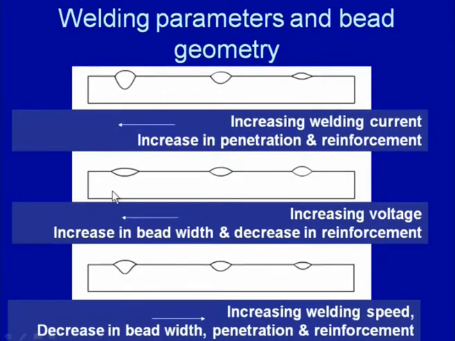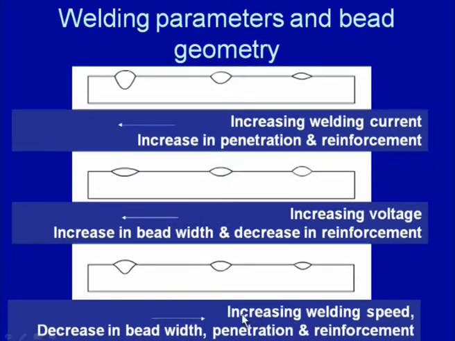So, if we see here, the weld beads are being made by increasing the voltage in this direction, from this to this, that is shown by this arrow. So, increasing voltage causes an increase in the bead width, and decreases the penetration. So, the low voltage causes a higher penetration but a narrow bead, on the other hand, higher voltage causes a wider bead and shallow penetration.